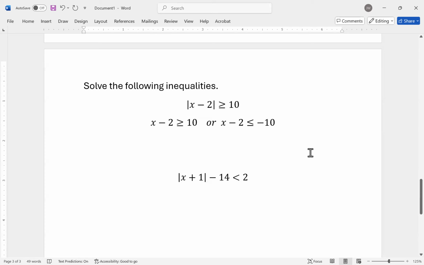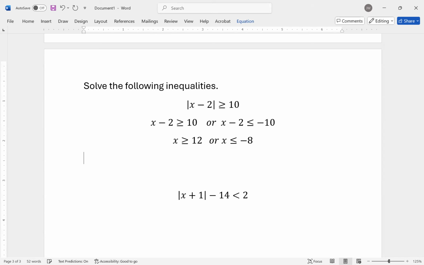Now we can add 2 to both sides, giving us two different inequalities. X is greater than or equal to 12, or X is less than or equal to negative 8.